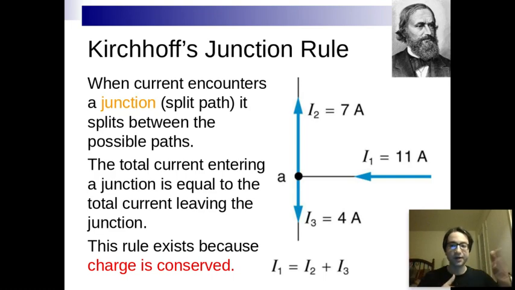I've got 11 going out. Could be 5 and 6. Could be 10 and 1, 7 and 4, something. I just want to point out again, charge is just the intrinsic property that electrons carry with them. It is not burned up in a circuit. It's not used up. Voltage is what is used up as the electrons go around the circuit.